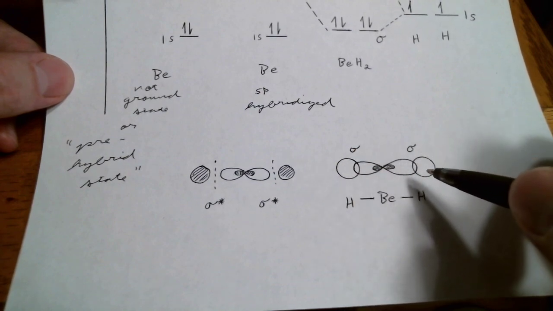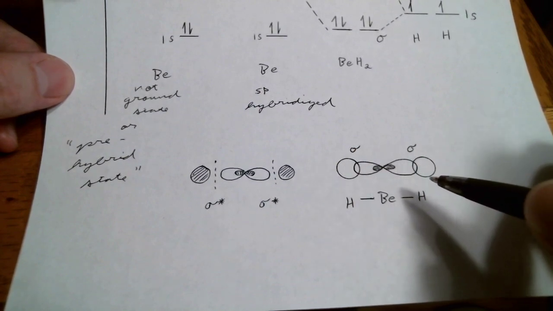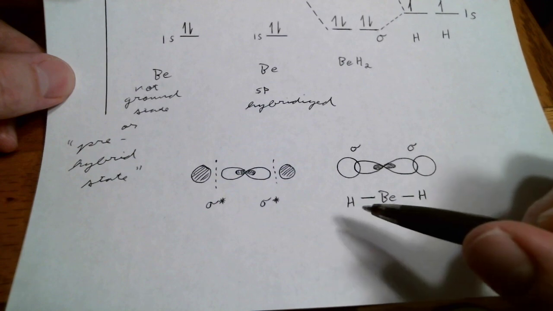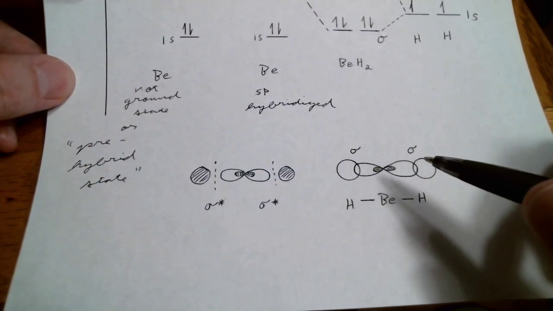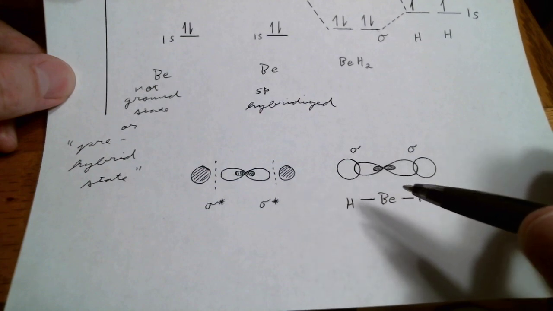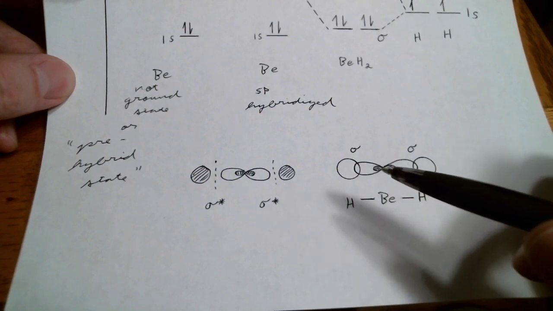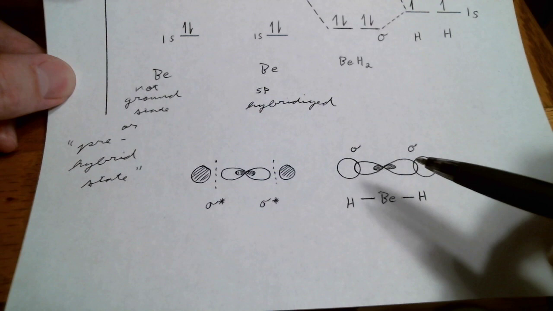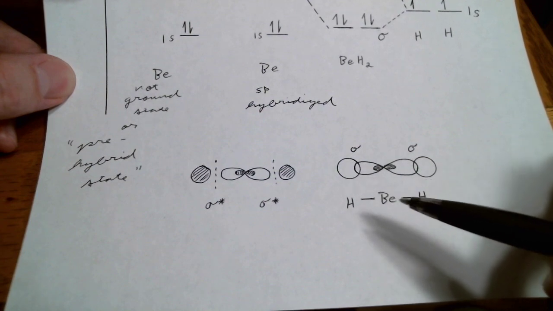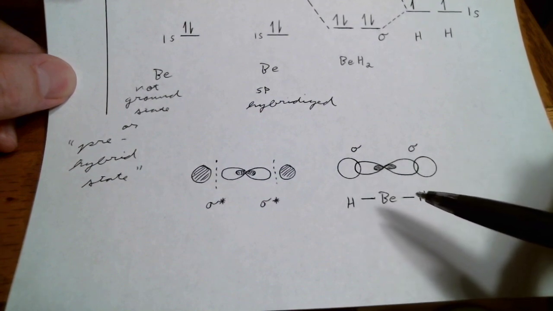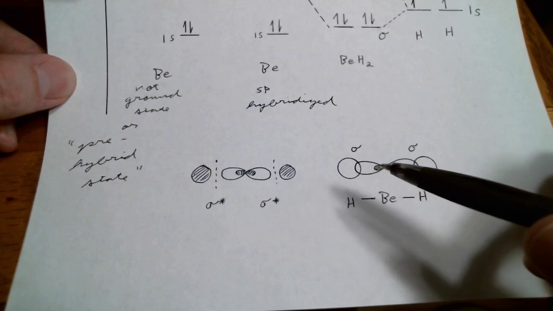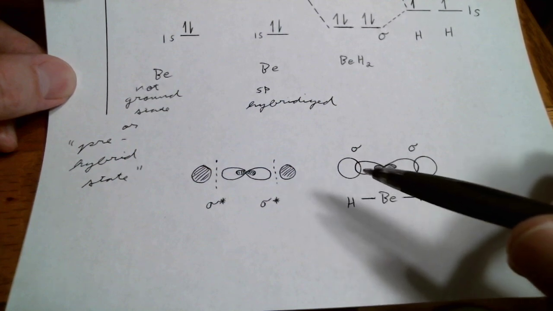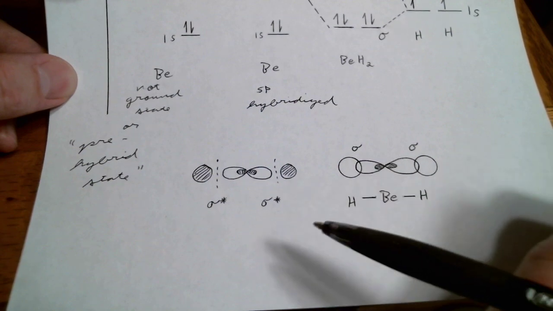I've drawn a picture of the 2 sigma bonding molecular orbitals in beryllium hydride. If you could see in X-rays and electron density, this is what you would see for the beryllium hydride molecule. There's the beryllium nucleus. This is a bonding beryllium hydride bond. Similarly, this is another bonding BeH sigma bonding molecular orbital.